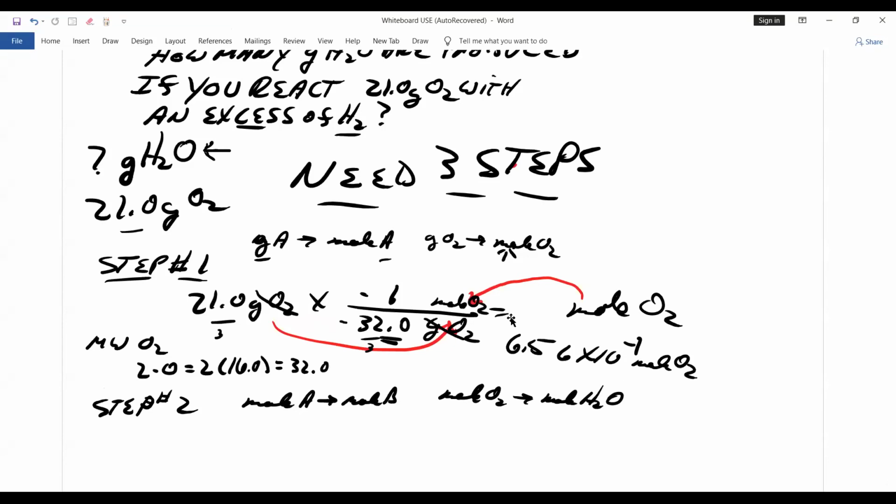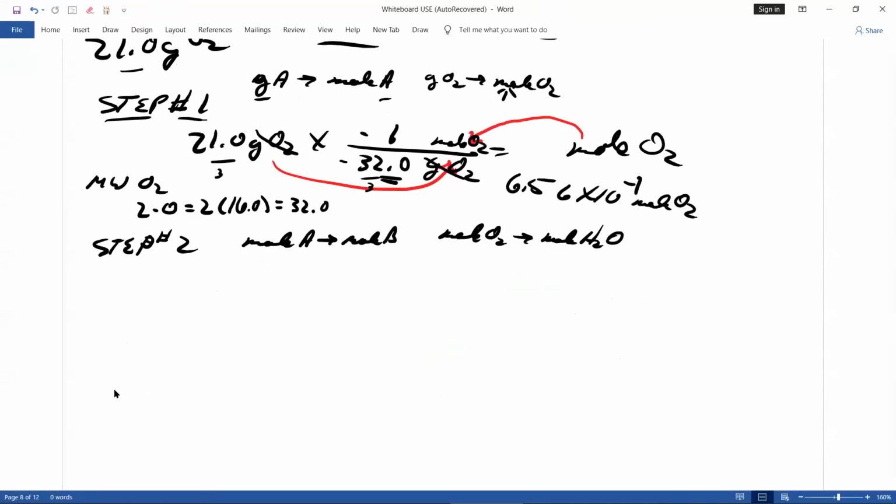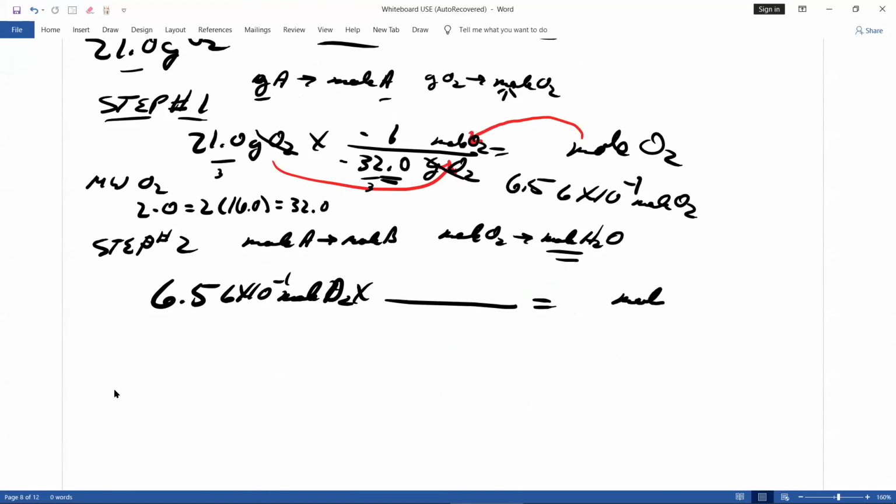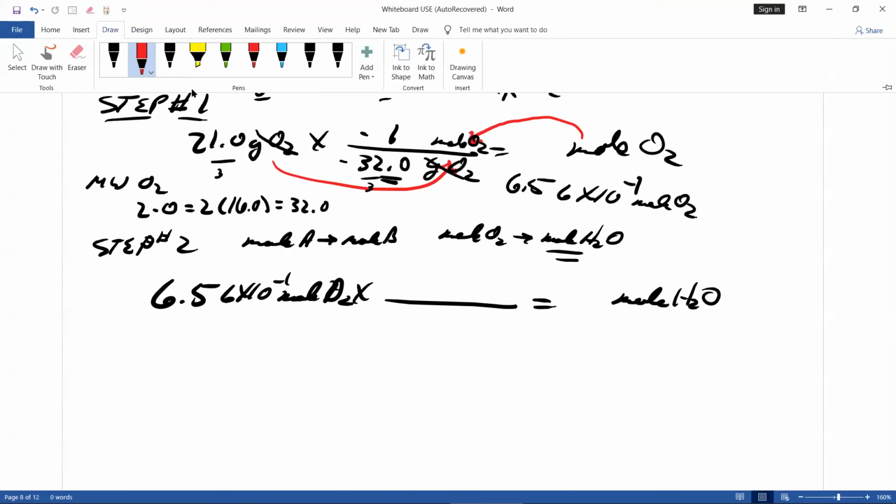Well, you come here and say, we have 6.56 times 10 to the minus 1 moles of oxygen. We want to get to moles of water. And I'll use my good friend, unit analysis.